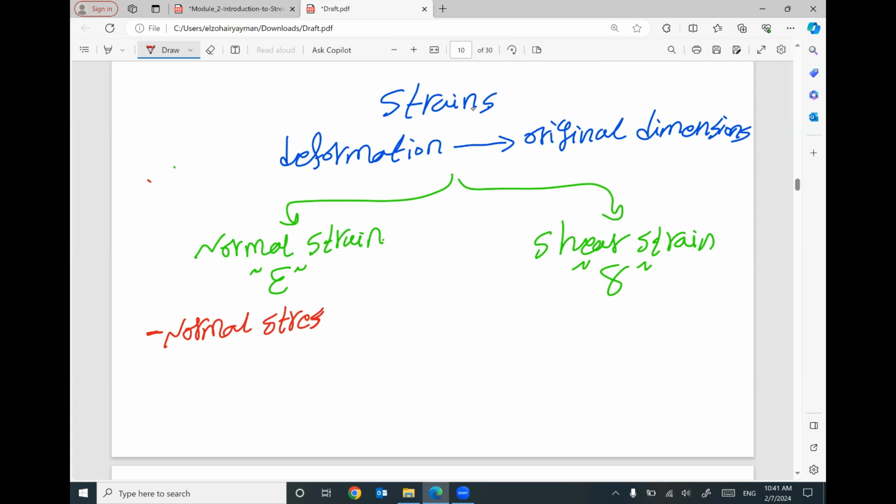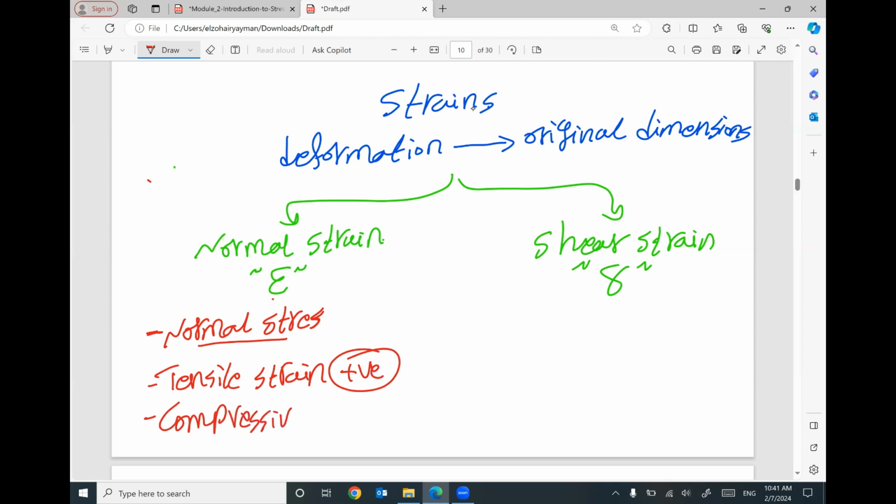So if you have normal stress, we must have normal strain. And this normal strain can be tensile strain, which is positive, and it can be compressive strain, which is negative. And that makes sense.